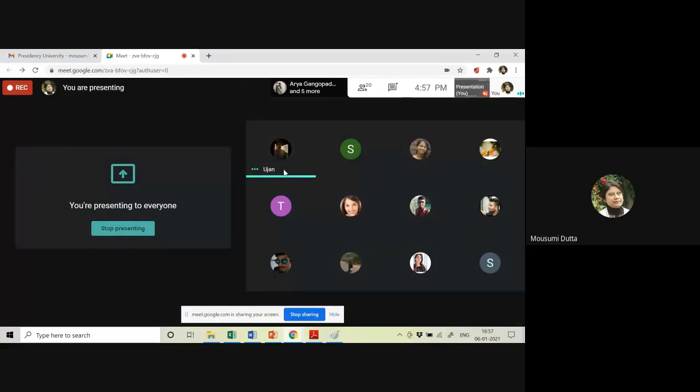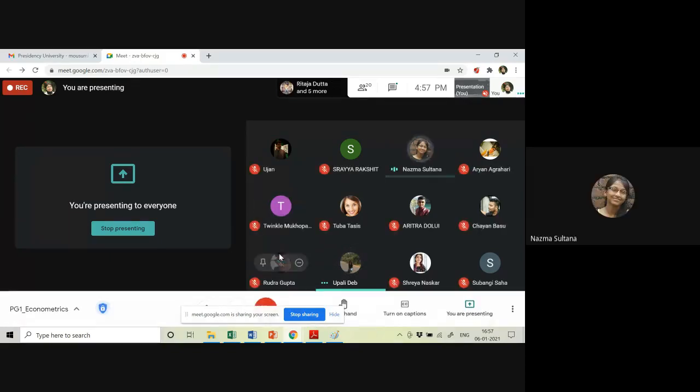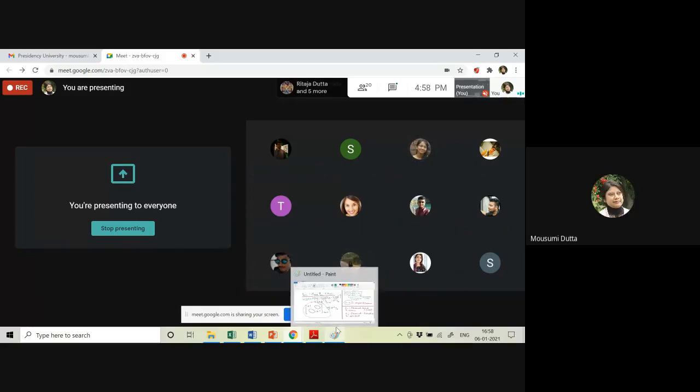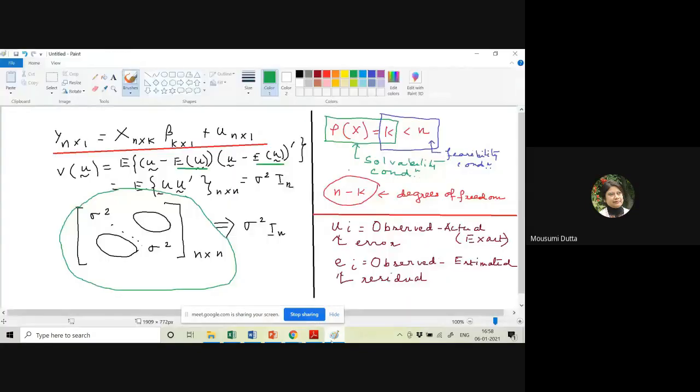Ma'am, rank is the minimum of the number of rows and columns. The dimension of the vector space. Upali is giving us the right direction. It is the minimum of independent rows or columns. Okay, let me try to write this.